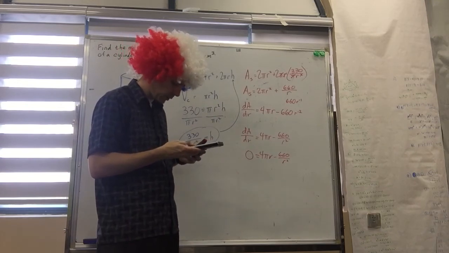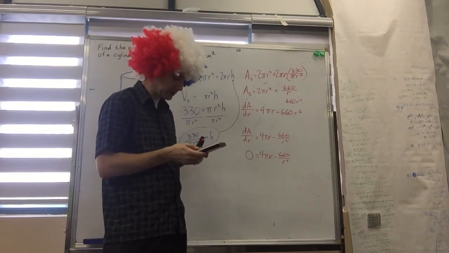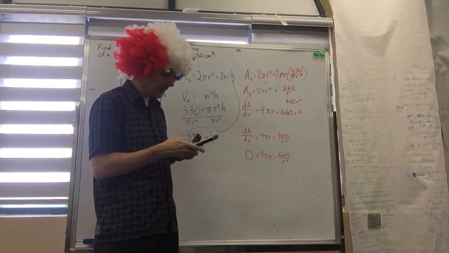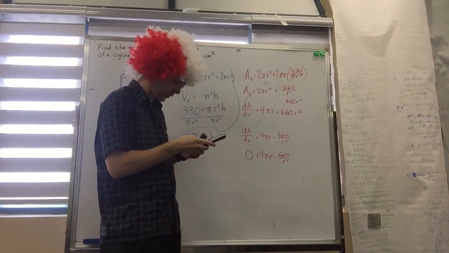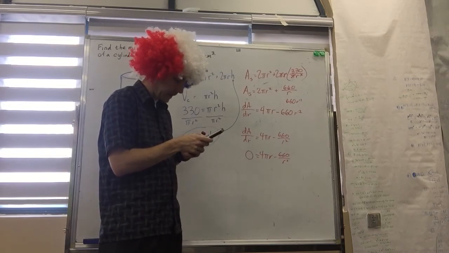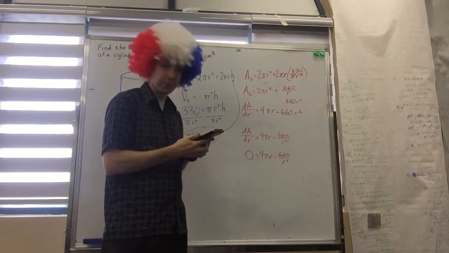On this one, I'm going to change it to an x, just because I'm more comfortable with putting x's in. And then I'll go minus 660 over x squared. And then I'll tell it comma x, solve for x.